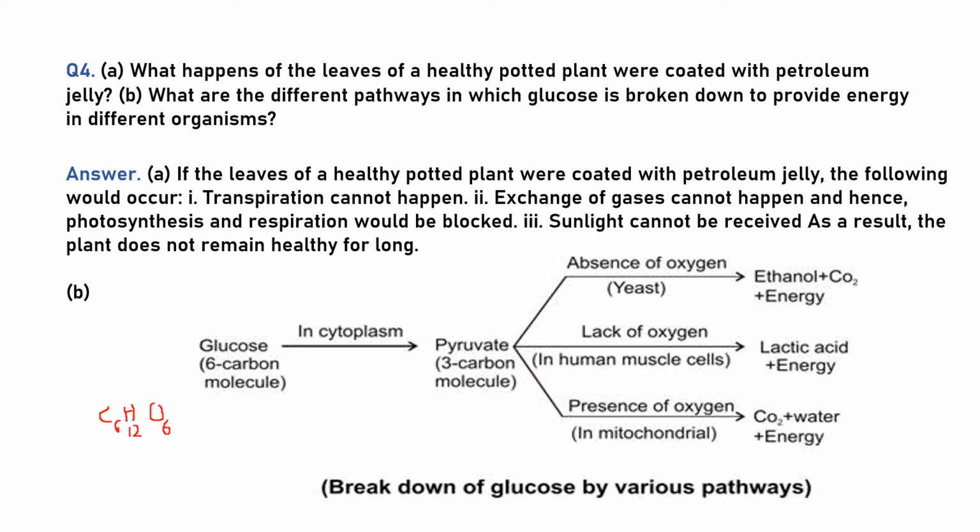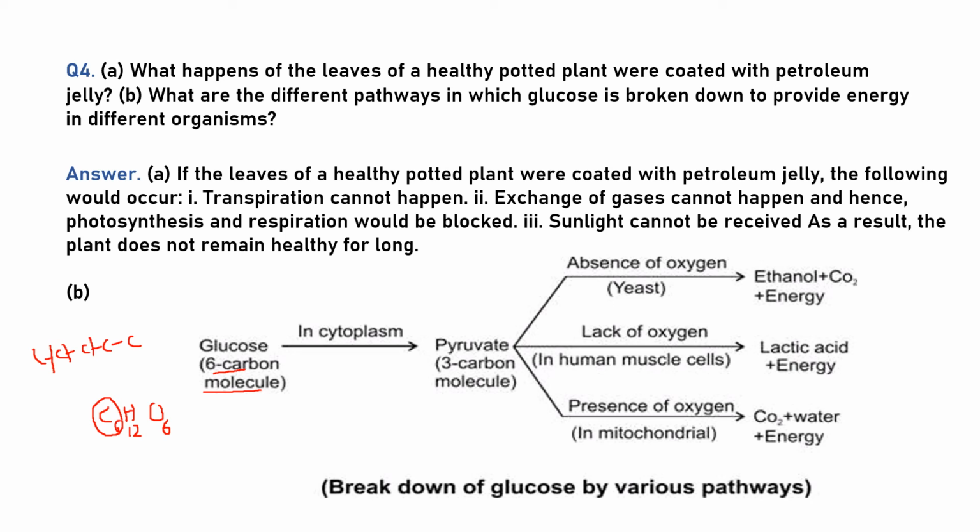So how many carbon atoms are present here? 6 carbon atoms are present here, right? All these 6 carbon atoms are bonded with bonds, right? When you break this bond, energy is released.